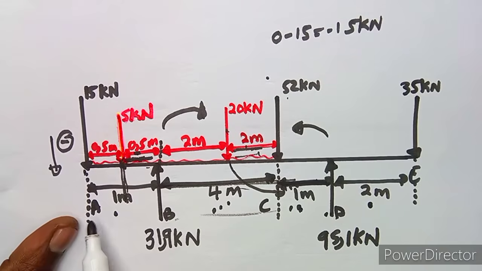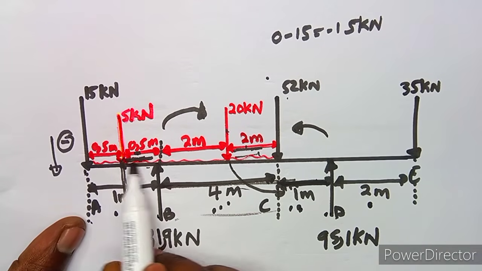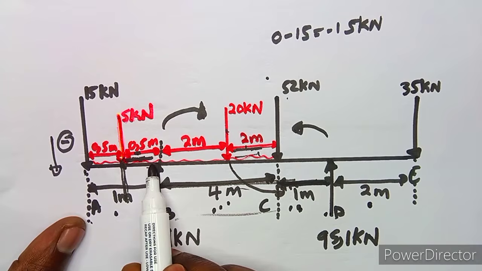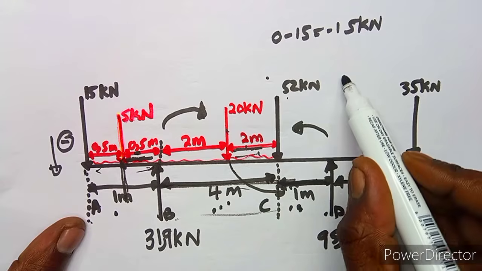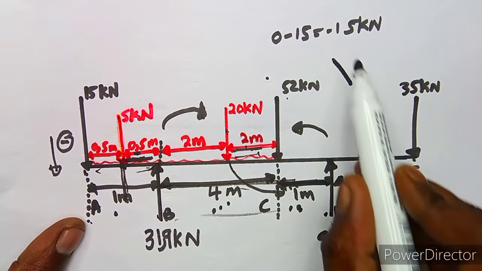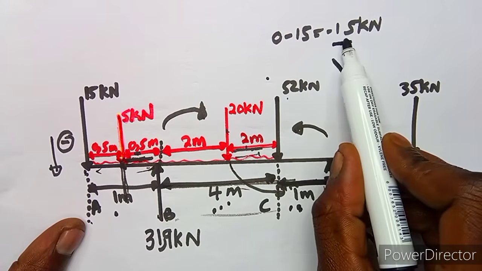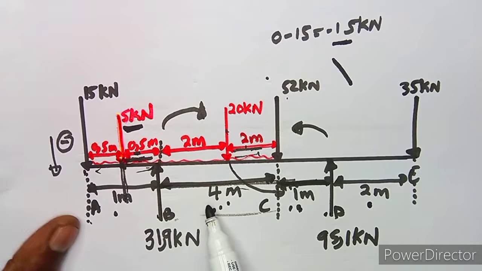We are at A. In order for us to move from A to B, there is a distributed load. As you can see, there is a distributed load in between. So this is going to be like this, a distributed. Remember, it will be slanting like this. So remember, we are at minus 15. That is where we are now. So we are going to subtract 5 kilonewton going downwards.